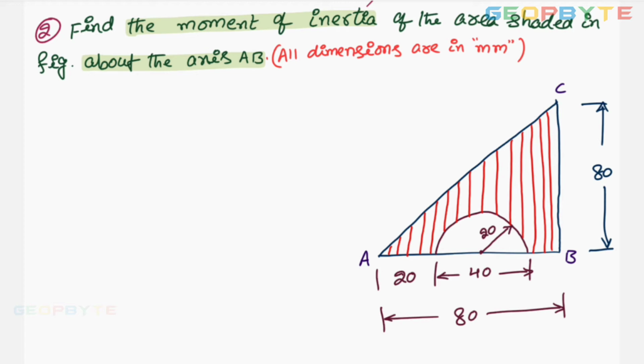Look at the diagram. It is looking like a triangle and a semicircle. You are asked to find the moment of inertia for the shaded portion.